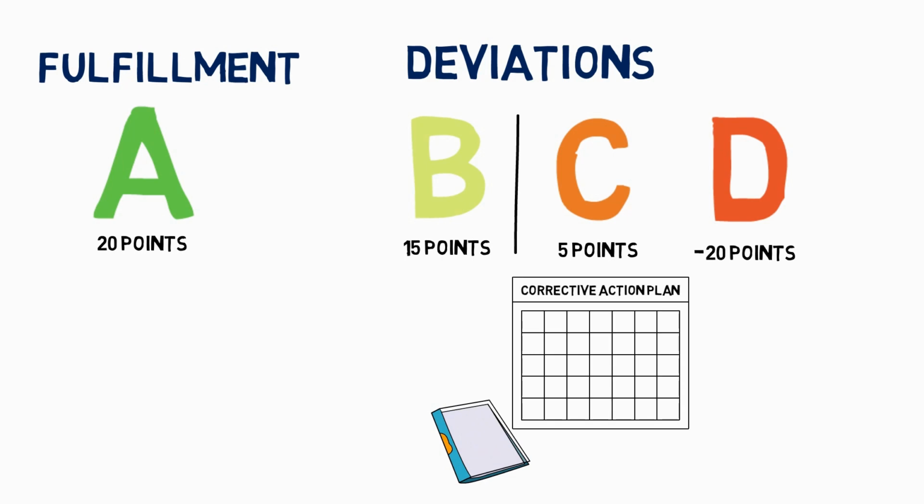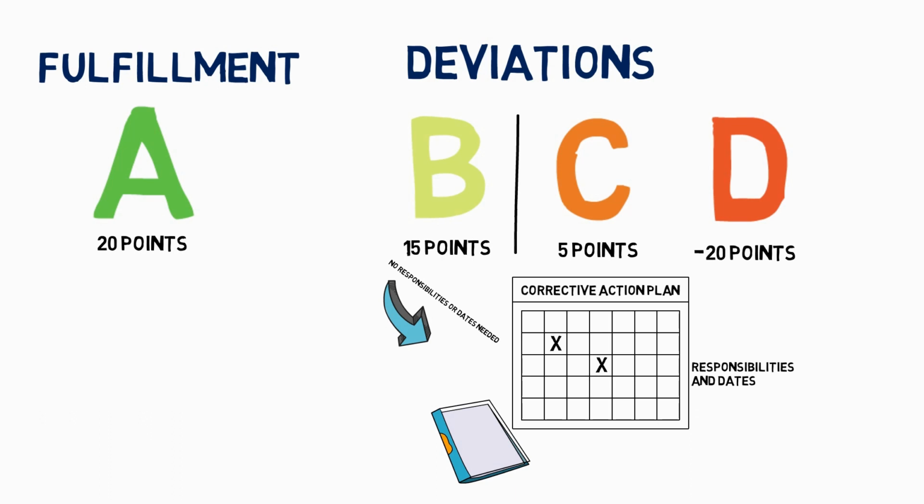But only when a C is scored does the company need to define a concrete date for the implementation of the corrective action, as well as specifying who is responsible for the implementation. IFS auditors are calibrated to understand the different consequences of a B and a C scoring for a company and will score requirements accordingly.